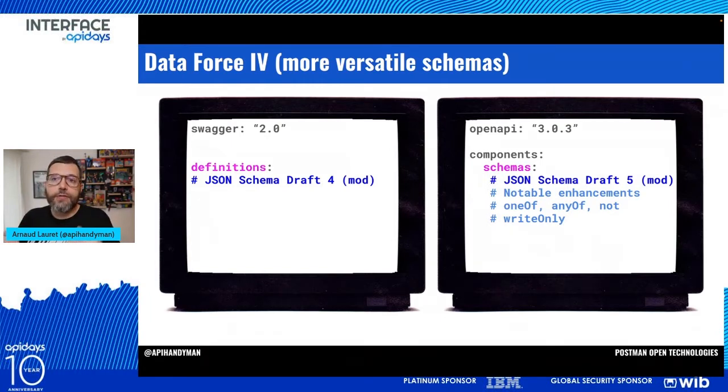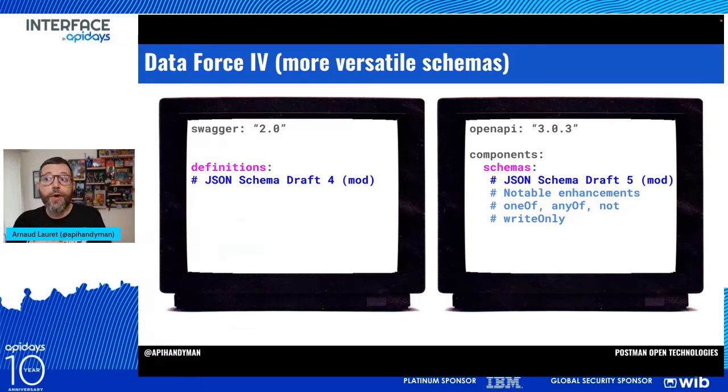And in both cases, in Swagger 2 and OpenAPI 3, there are some extra properties that were added by the specification. So basically now in OpenAPI 3, you can take advantage of the oneOf, anyOf, and not properties that allow you to combine various JSON schemas together, which is very useful.